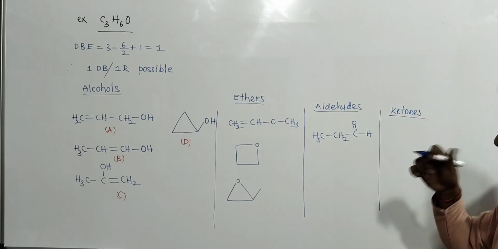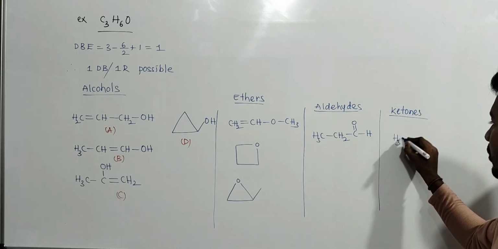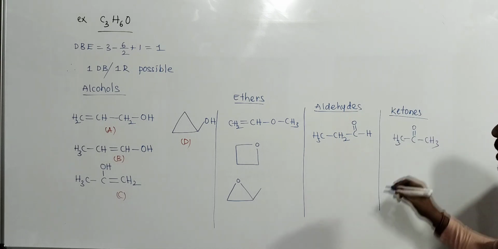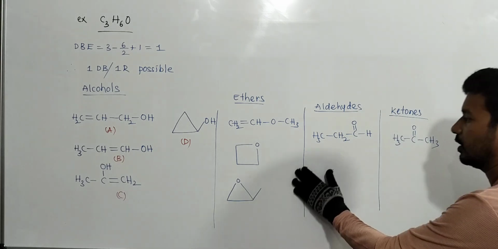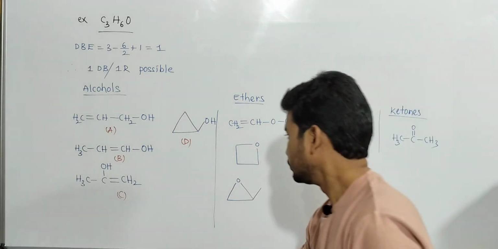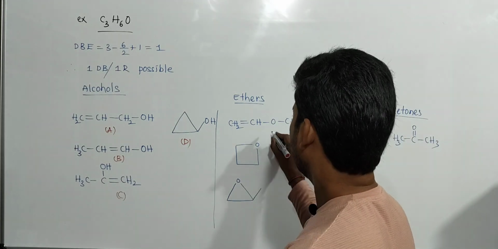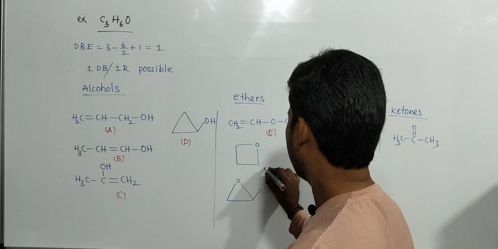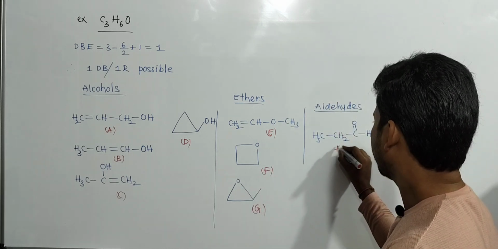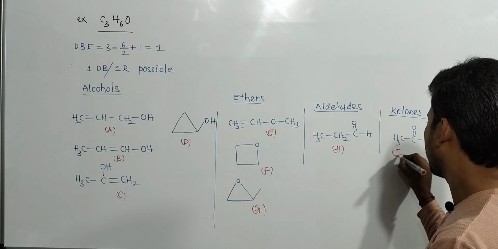Cyclic ketones are possible in general, but with this formula, cyclic ketones are not possible. Okay, if you compare A, B, C, D, and I am labeling this as E, F, and this is G, H, and I.